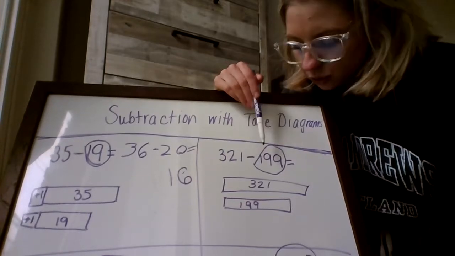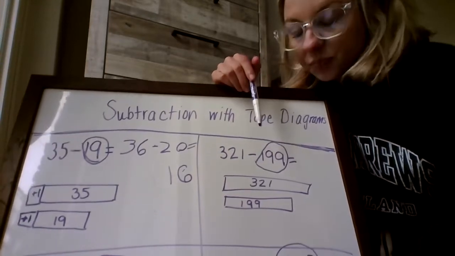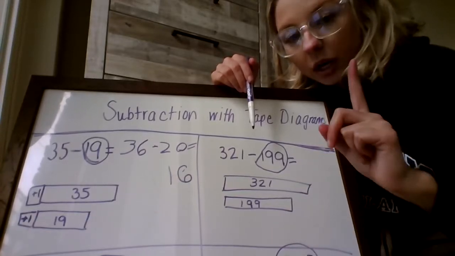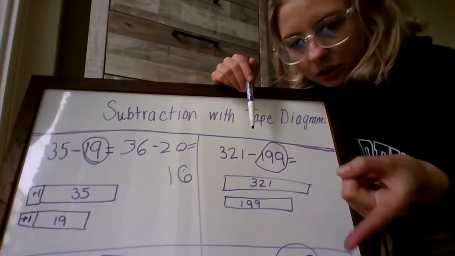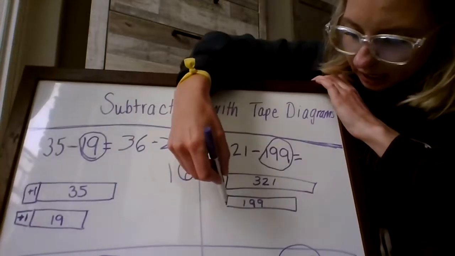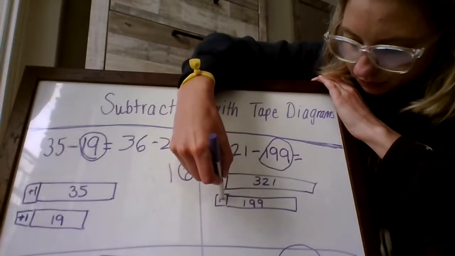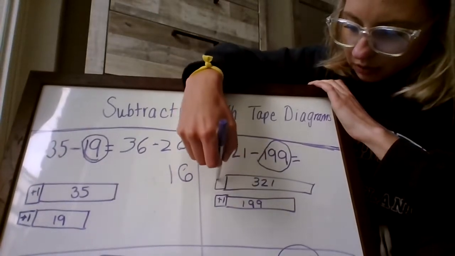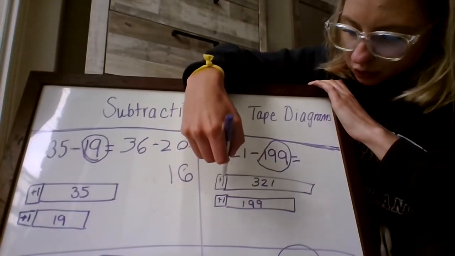321 minus 199. I know, and you guys know, 199 is 1 away from going to the next 100. So I'm going to add 1 to 199. That means whatever I do to one side, I have to do to the other.